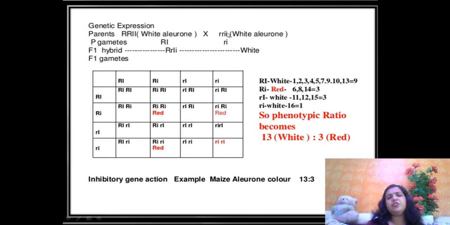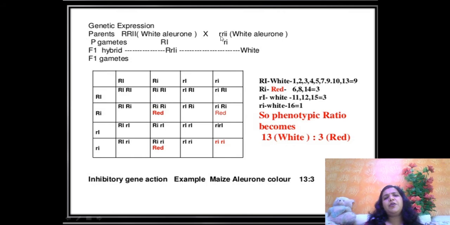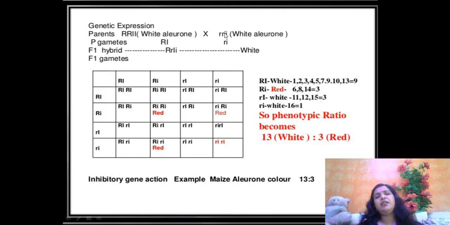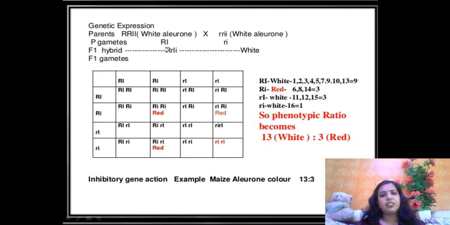Although the inhibitory gene is absent, the color producing gene is also absent. That's why this parent is also white. So these are two breeding white aleurone layer containing parents: RRII, white aleurone, and small r, small r, small i, small i, this is also white aleurone. Now these are gametes.